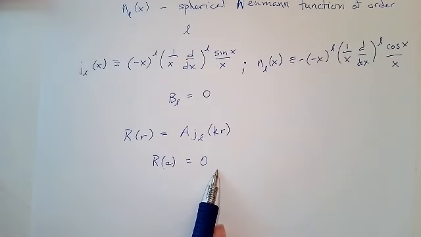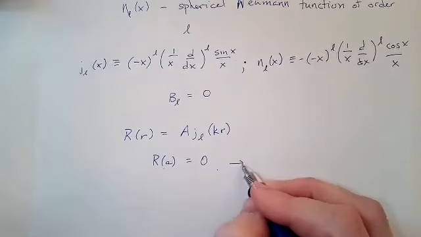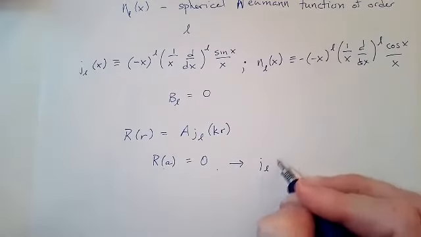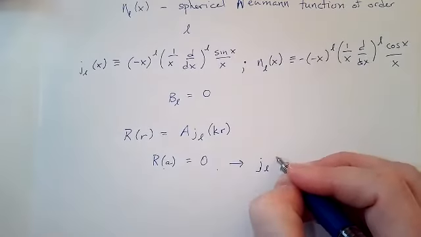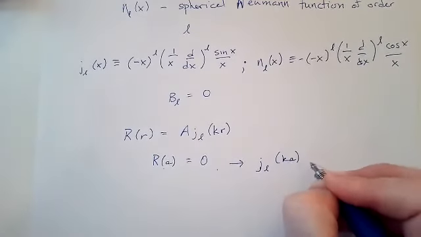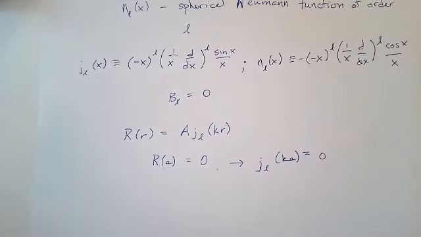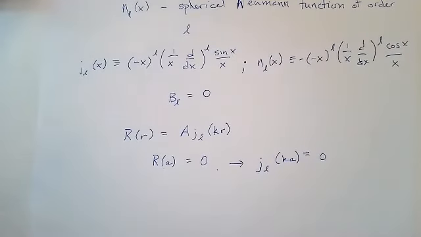And so our wave function, when evaluated at the boundary, needs to go to 0. So we need to choose a k so that the Bessel function, when evaluated at that point, goes to 0, right? So ka is a zero of the nth order of spherical Bessel functions.